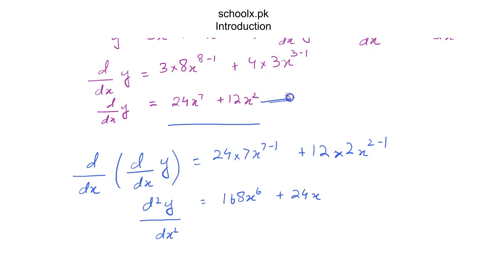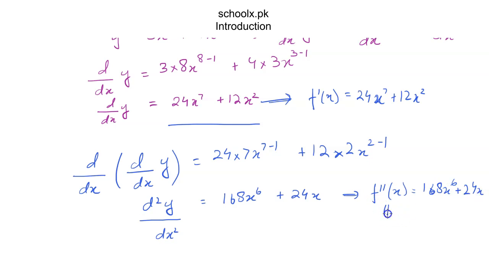Or this could have been written as f prime of x equals 24 x to the power 7 plus 12x square, and this could have been written as f double prime of x equals 168 x to the power 6 plus 24x, or you could have written y double prime here or y single prime here.